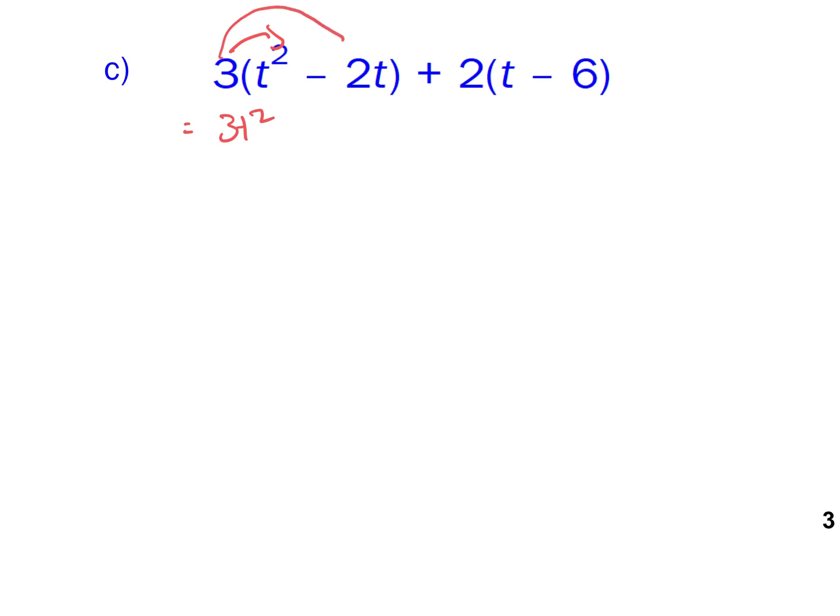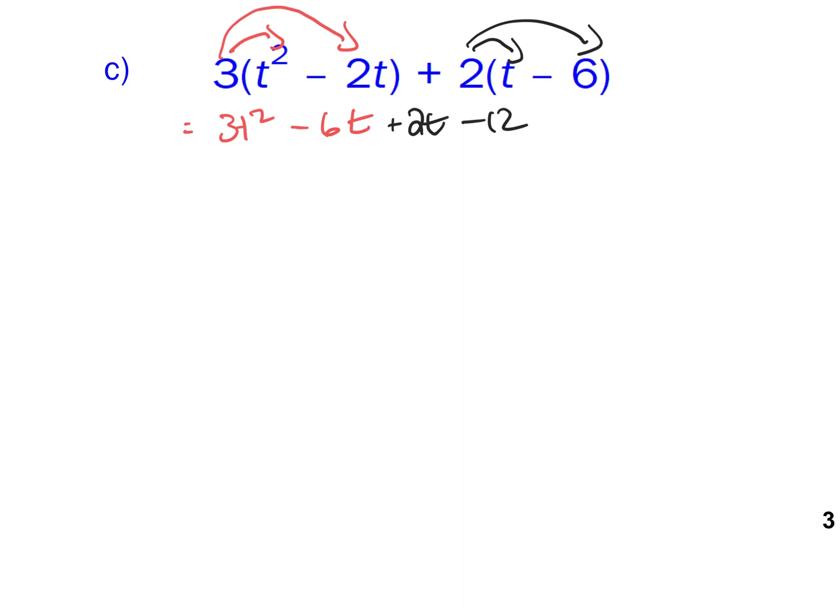Yep. 3 times negative 2t is, as Jacob says, let's take away 6t. Yep. Then we're going to go and do the same thing over here. We're going to take that 2 and multiply it by both of those terms. What do we get when we do that? 2t, take away 12. What's the sign that goes right here? Plus. Right. Got to make sure we just include those signs.